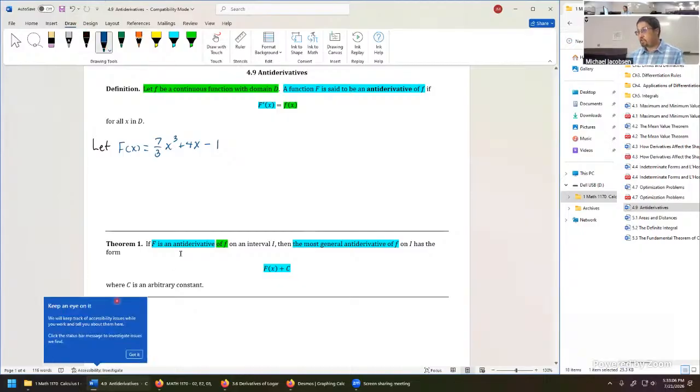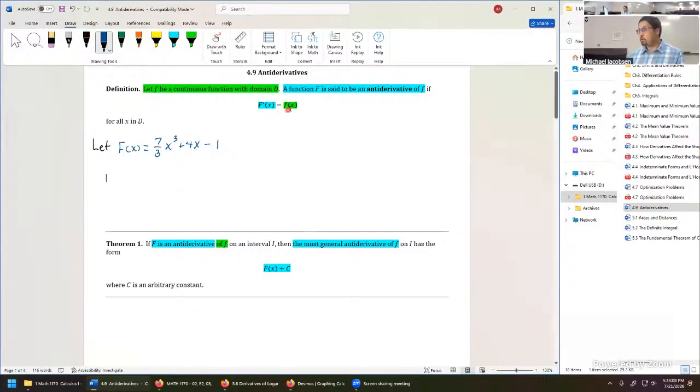If that's our F of x function, then we can differentiate it and see what the lowercase f of x function is going to be. So this will imply F prime at x is equal to, when we differentiate this using properties of the derivative, 7x squared plus 4, and that's our function in green. We could call this lowercase f of x if we like.